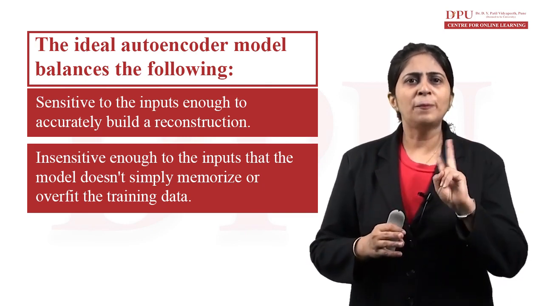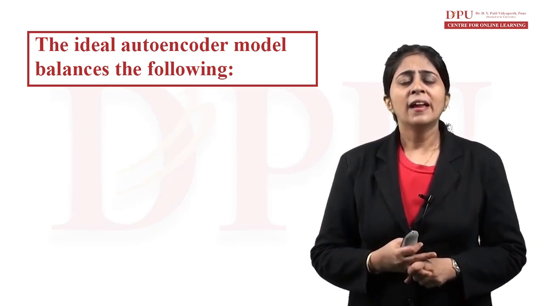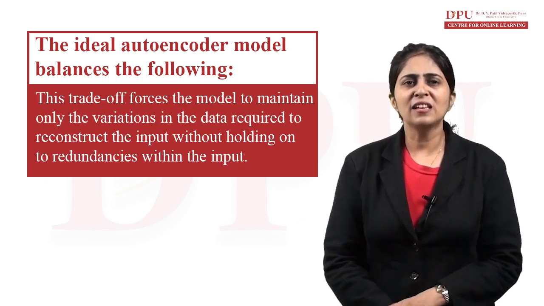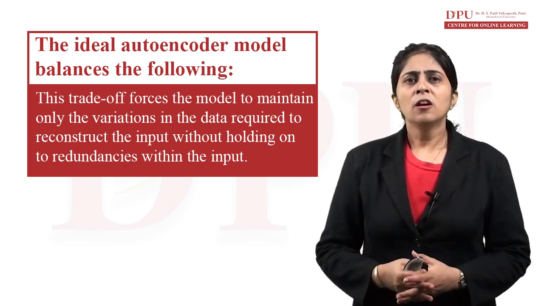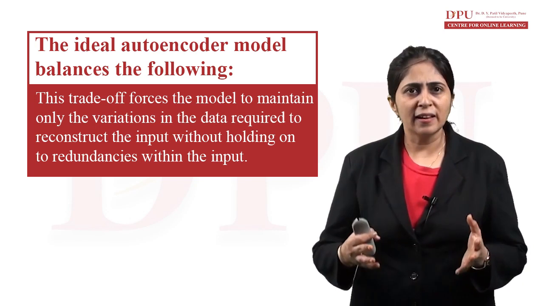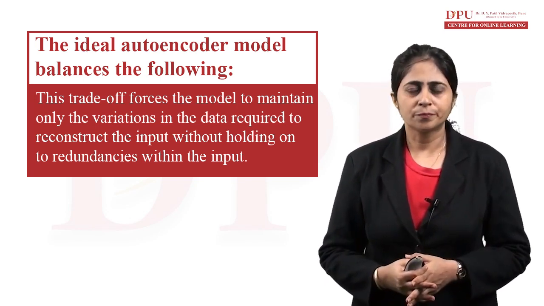So the trade-off between these two conditions forces the model to maintain only the variations in the data required to reconstruct the input without holding on to redundancies within the input.